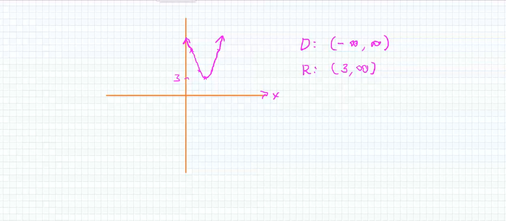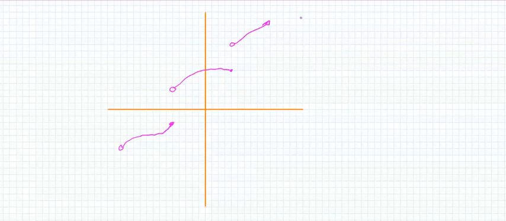All right, let's look at something that's a little cuter. Just like on the number line, this open circle means there's no point included there.